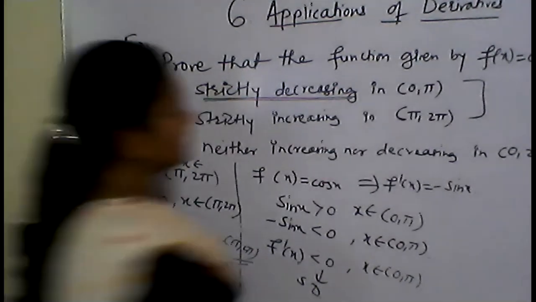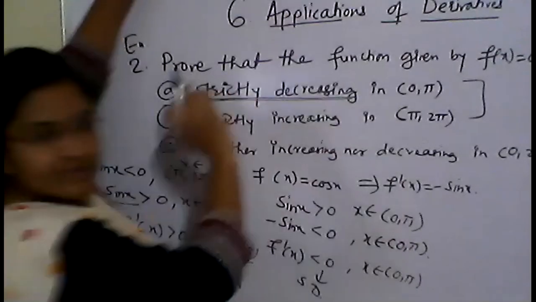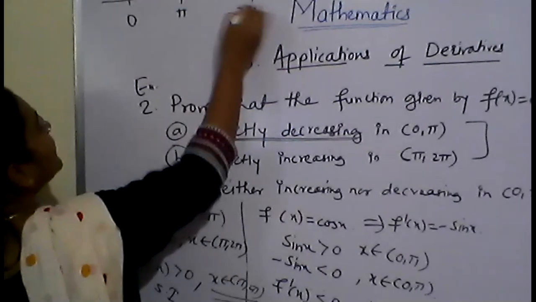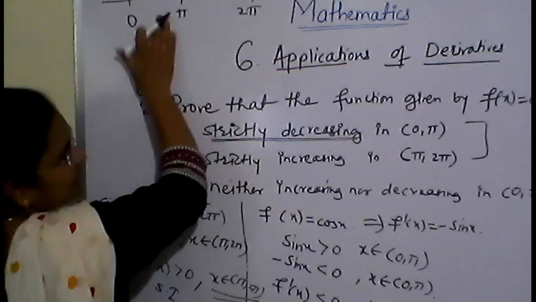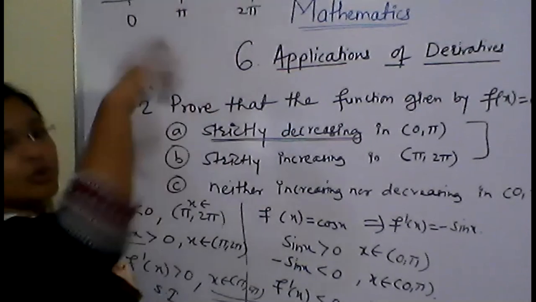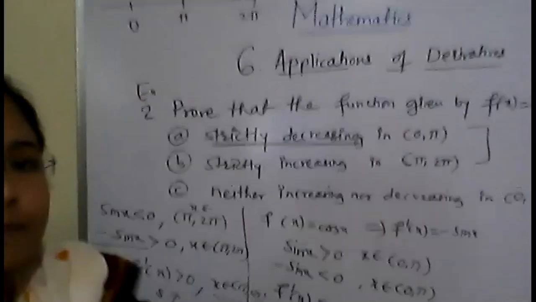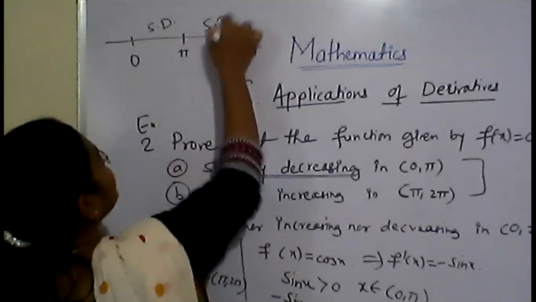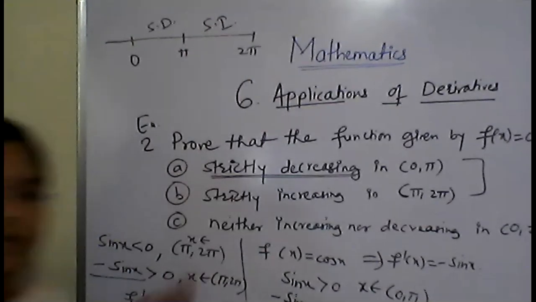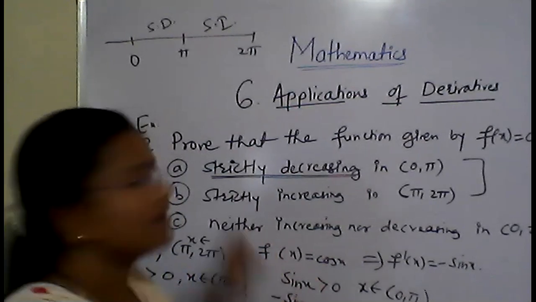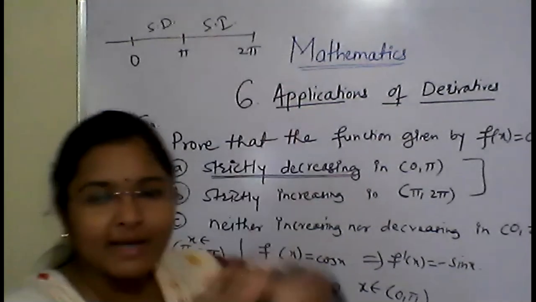Now boys, you tell me, is it visible to you? If in 0 to pi the function is strictly decreasing, and in between pi to 2 pi it is strictly increasing, we can easily prove that the function is neither increasing nor decreasing in the interval 0 to 2 pi.